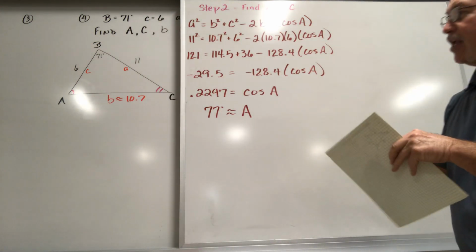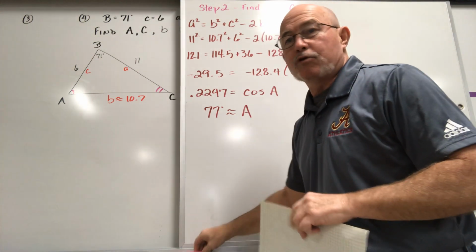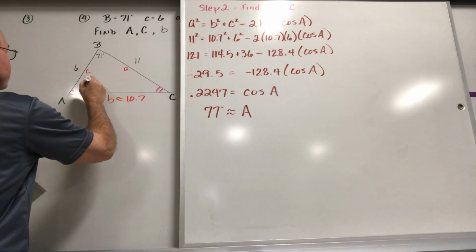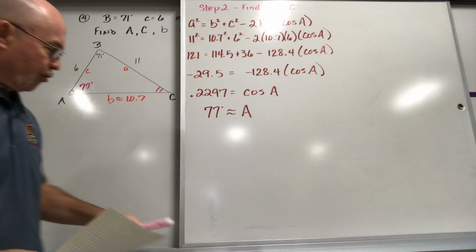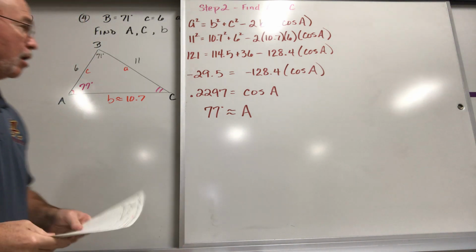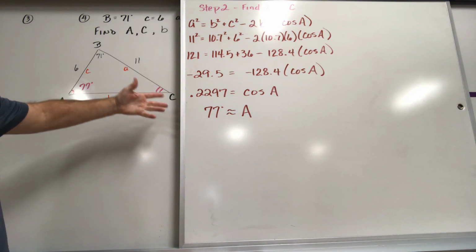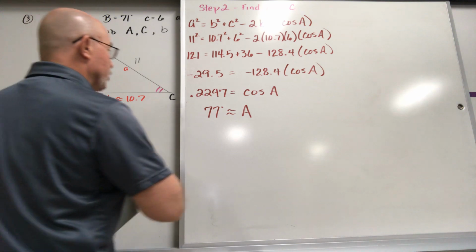So now we know that A is approximately 77 degrees. I'm going to put it over here. Now we can deal with our third step. We need to find the missing angle. So we've got 71, we've got 77. So that's all we're going to do here.